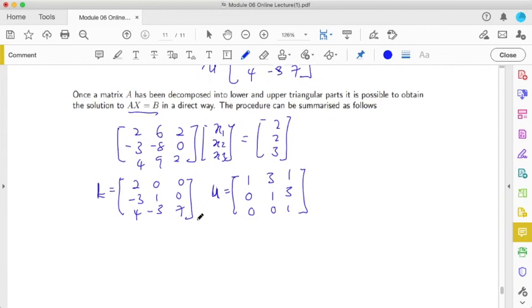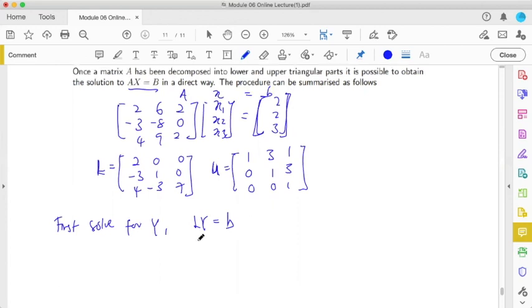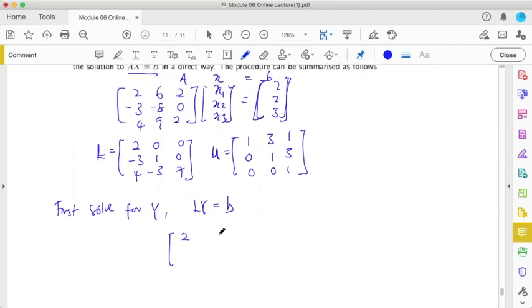Firstly, before we solve for X, we need to first solve for Y. So what is Y? We consider that we have a matrix L multiplied with Y equal to a matrix B. The matrix B is given by the following, where this is your A, this is your X, and this is your B. So your L would be 2, 0, 0.